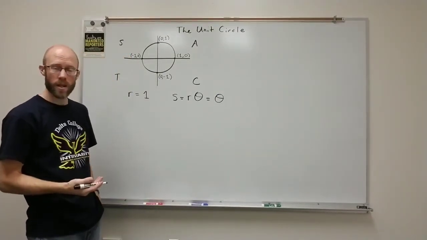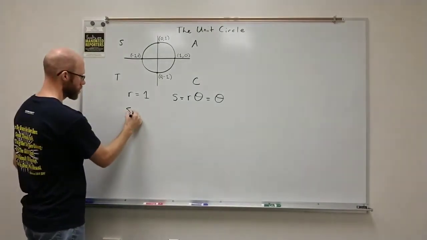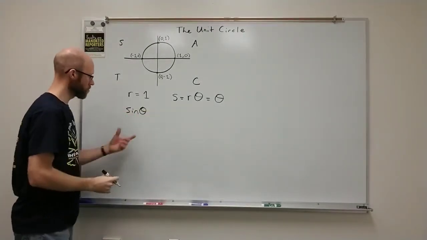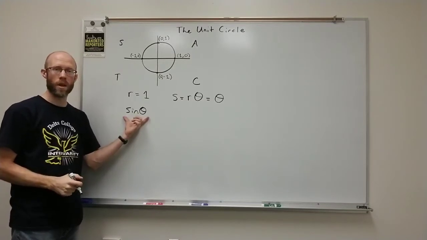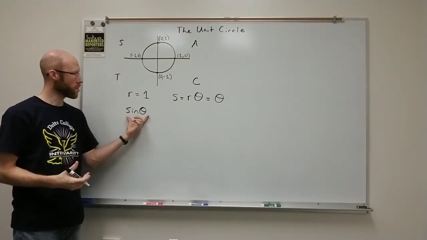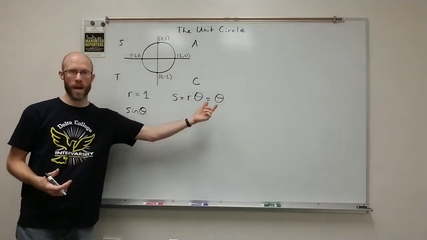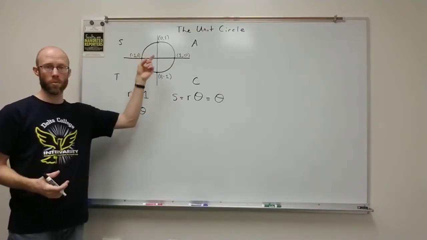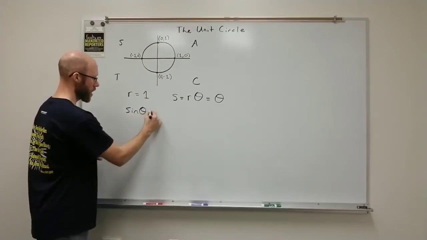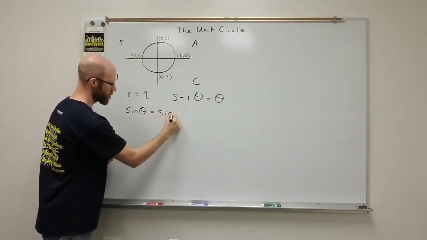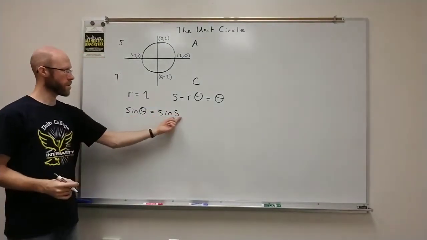then technically, if we're looking at the sine of an angle, which is generally what we do, we could actually use the arc length as the input rather than the angle when we're dealing only with a unit circle. So the sine of theta and the sine of S are the same.